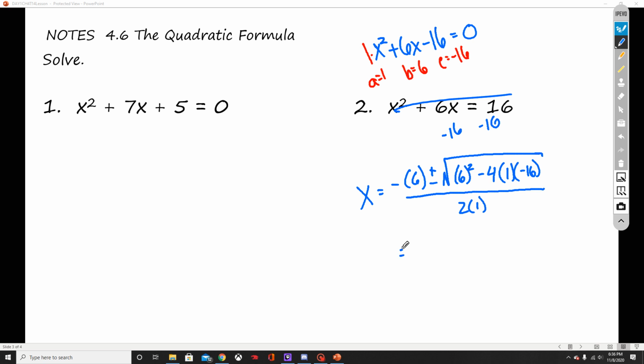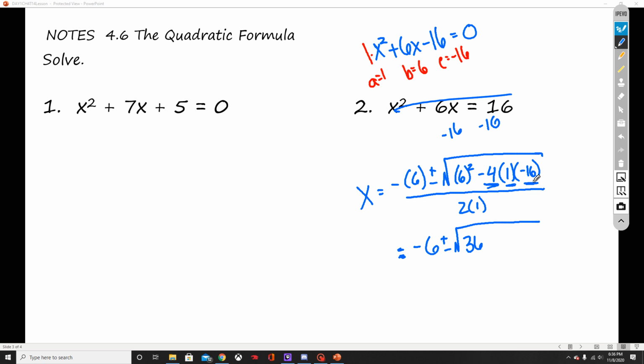All right, let's simplify this a little bit. So negative 6, that's just negative 6, plus or minus square root, b squared, so 6 squared, that's 36, minus 4 times 1 times negative 16. So that's going to be a positive number, but let's see exactly what it is.